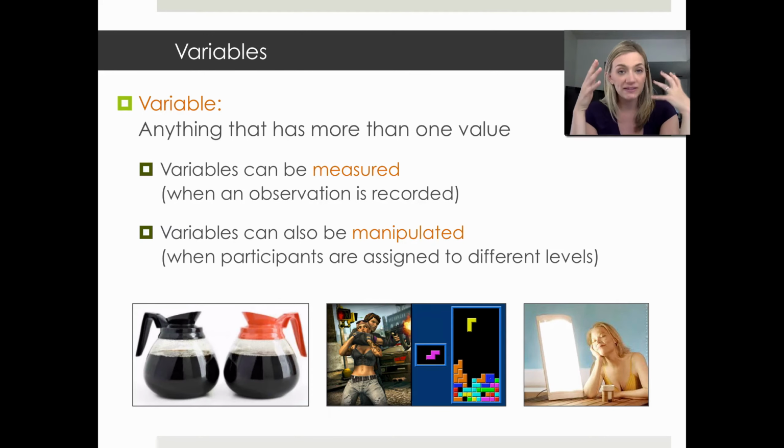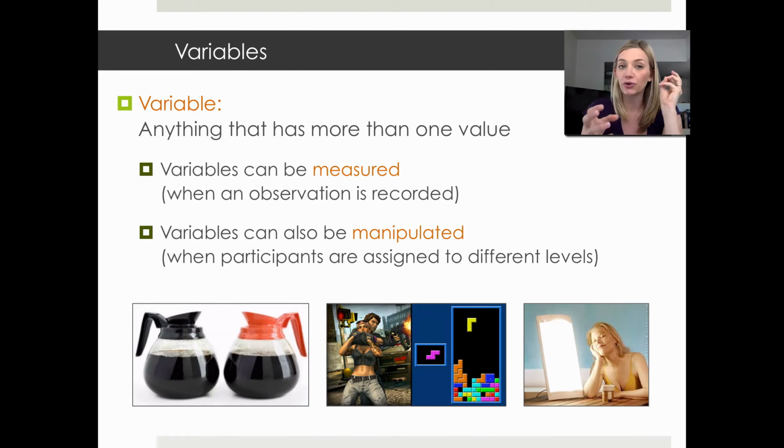To see if these sun lamps really work, you can assign participants to either spend 4 hours a day in front of the sun lamp or 0 hours a day in front of the sun lamp, and then see which group of participants has higher or lower depression scores afterward. So in all three of these examples, the researcher is manipulating that variable.